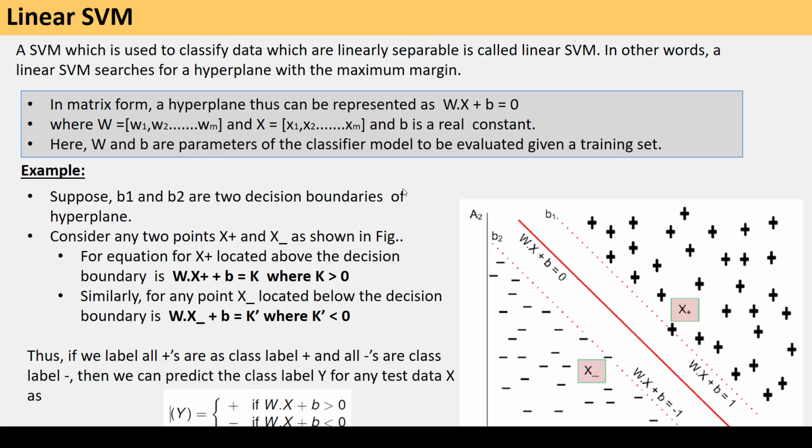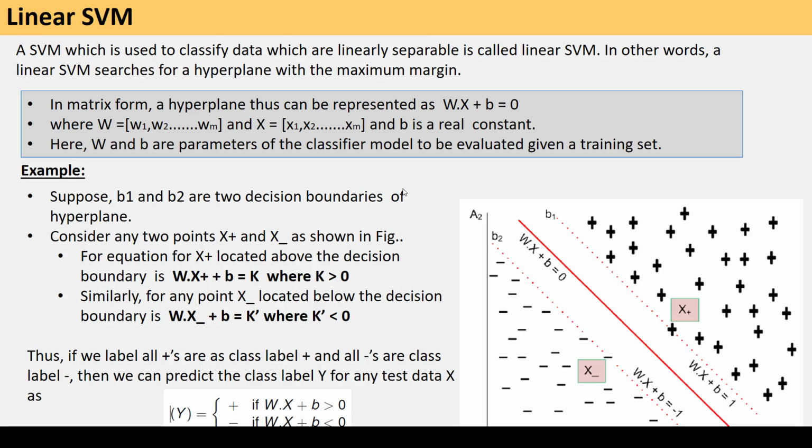Okay, so we take these points and put them in the formula. Any point which is on the hyperplane, we name it as the value 0, and any value which falls on one side of the boundary, the negative side, is termed as less than 0, and the other side, the positive side, is greater than 0. So if you put that in expression form, consider any 2 points, x plus and x minus.